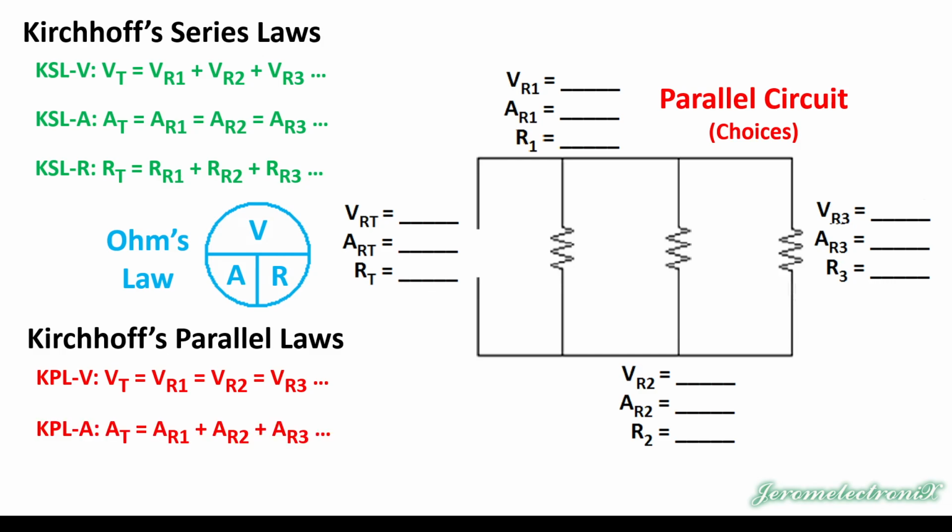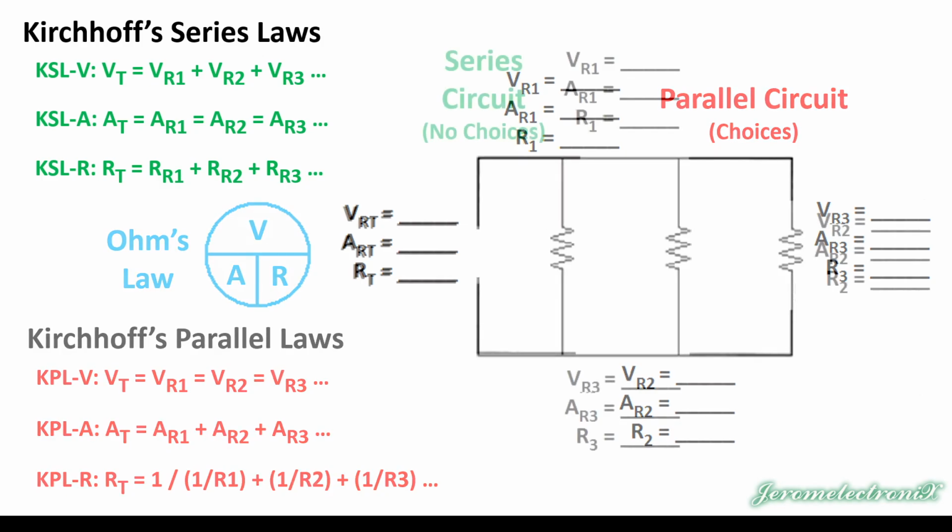I think it's KPLV, if you know one, you know them all. KPLA, add them up. And of course, KPLR, this formula, which we just call the wonky formula. We've talked about all of this stuff in the past already, but I'm just bringing us back to the context of this little bunny trail I'm on.